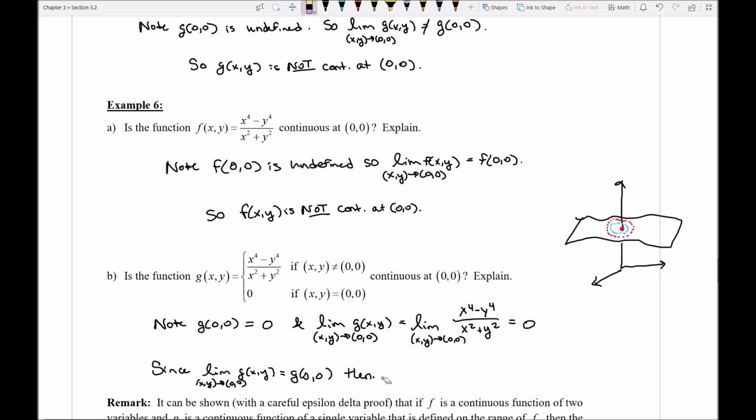since this happens, g(x,y) is continuous at (0,0). What happened here is a really interesting idea.